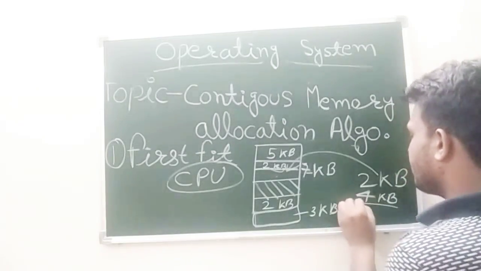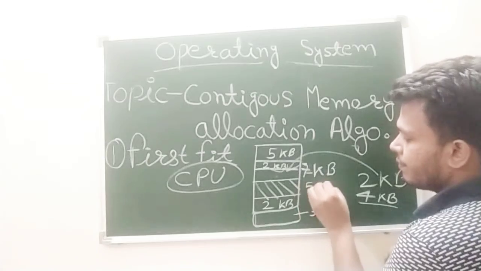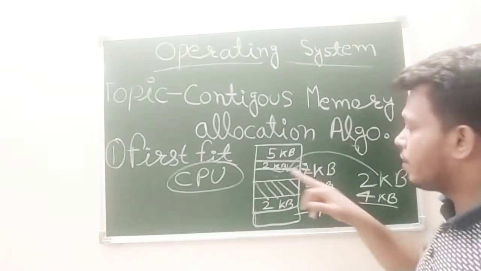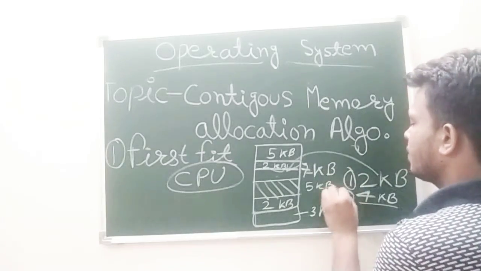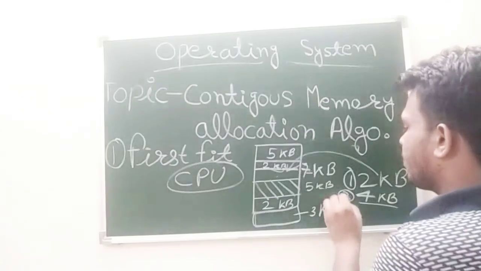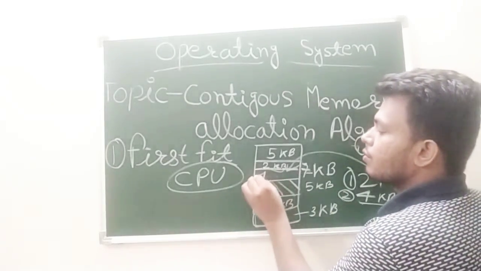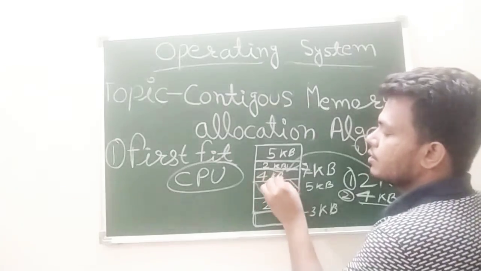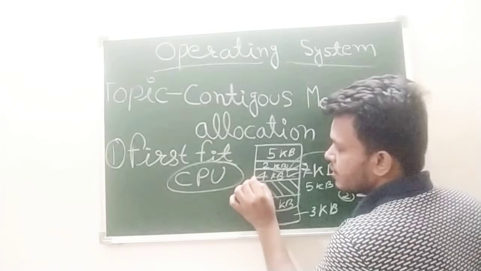So suppose a 4 KB process is coming. How much space do we have? 5 KB remaining, because 2 KB is already used by some process. Suppose this is 1, this is 2. This is used by the 5 KB. In that case, the process will be placed in this, and there will be only 1 KB space left.